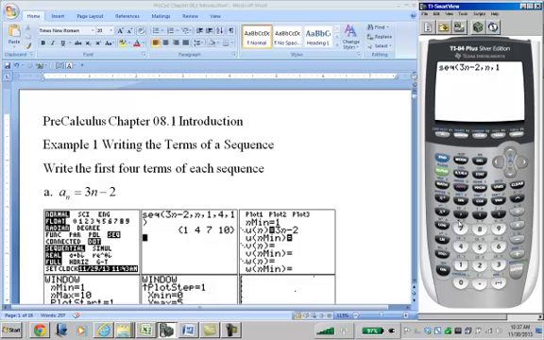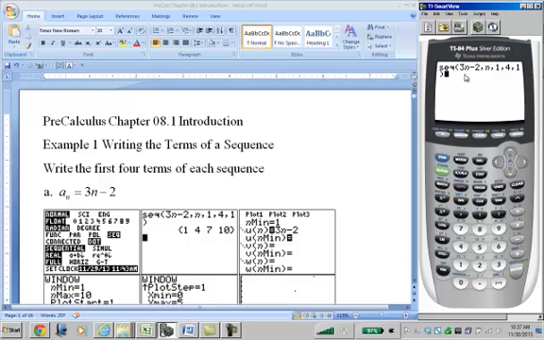We want the first 4 terms, so we begin at n equals 1 and end at n equals 4. The last parameter is how much we're incrementing by. Well, that's 1: we're going to do 1, and then 2, and then 3, and then 4. Then I hit close parenthesis.